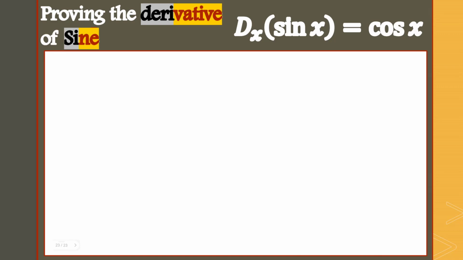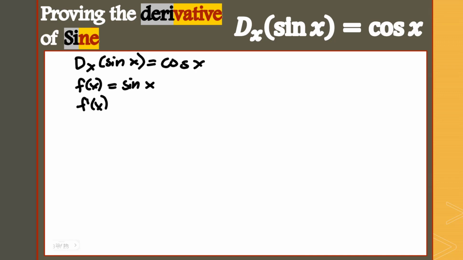In order for us to do this, we are going to use the definition of the derivative, and some important concepts surrounding trigonometric functions. This notation is also known as the derivative of sine x, which gives us cosine x. Or in other words, if f of x is equal to sine x, then the first derivative is cosine x.